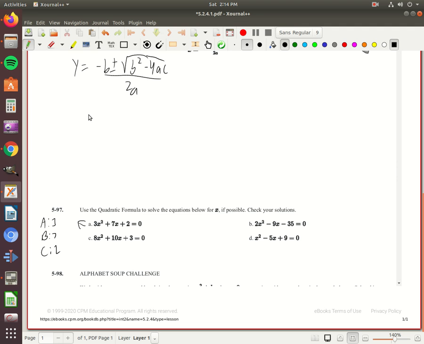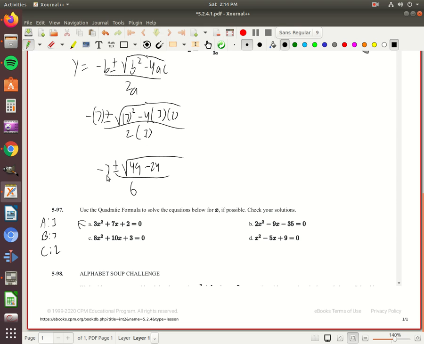So I will get negative 7 plus or minus the square root of b squared, which is 7 squared, minus 4 times a, which is 3, times c, all of that over 2a. By the way, I always like to drop these in parentheses just so I don't screw up my signs here. So I'm going to get negative 7 plus or minus the square root of 49 minus 24 over 6.